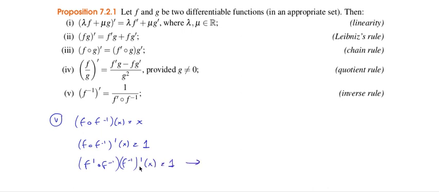Now if we solve for this, the derivative of f inverse is going to be 1 divided by f prime composed with f inverse, okay, so it's like f prime evaluated at the inverse of that point, okay.